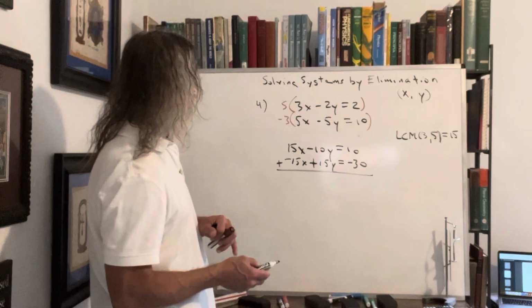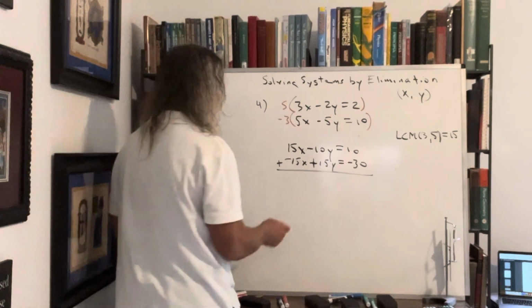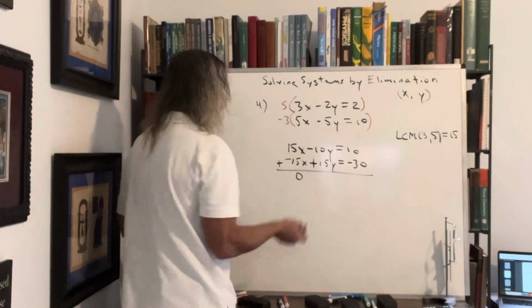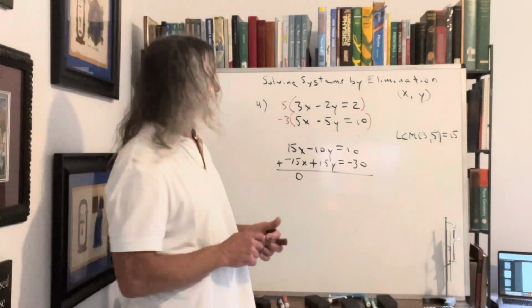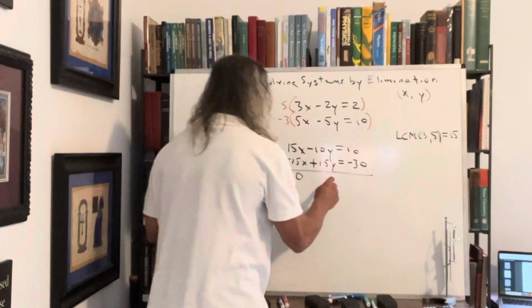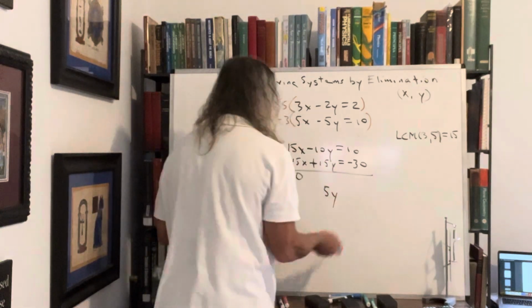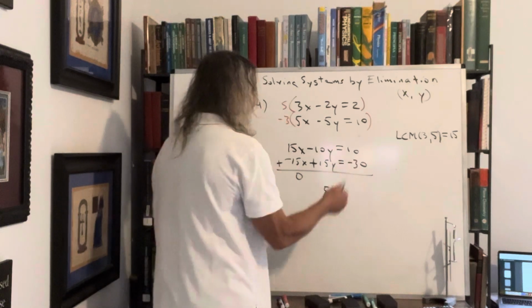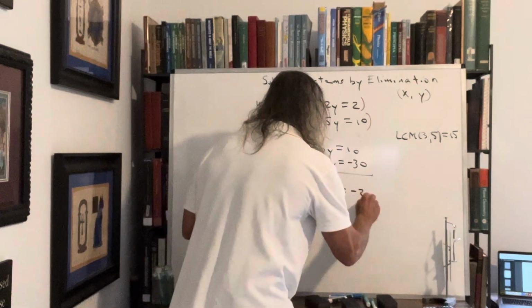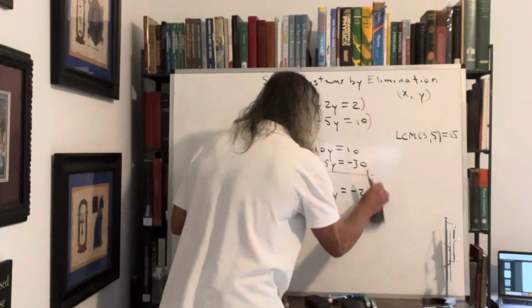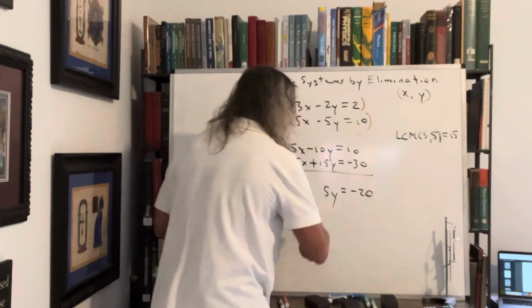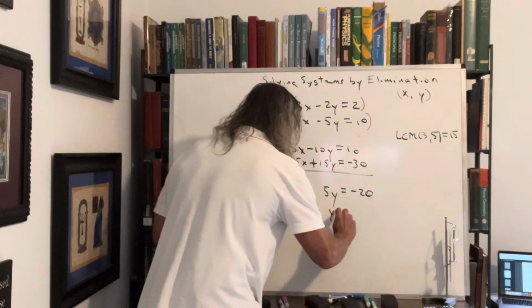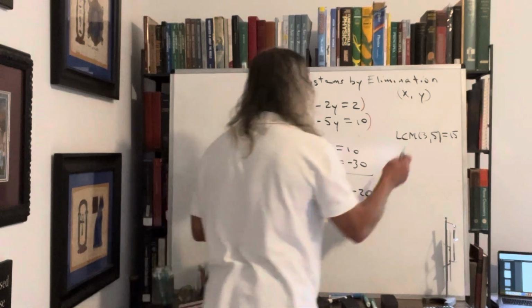Negative 15 plus 15 is negative 30. Then add down this and this, zero out because they're equal but opposite. These are 5y, negative 10 plus 15, 10 plus negative 30, negative 20, divide by 5, negative 4.